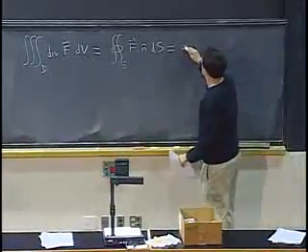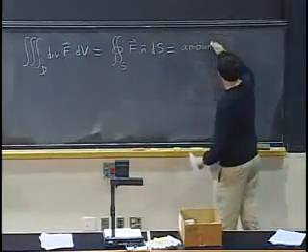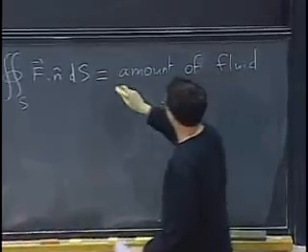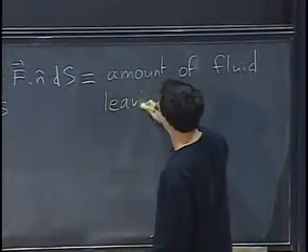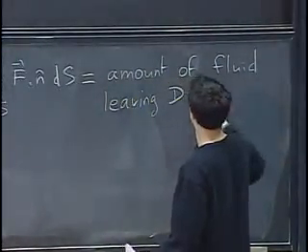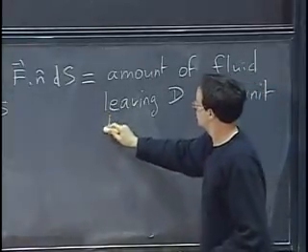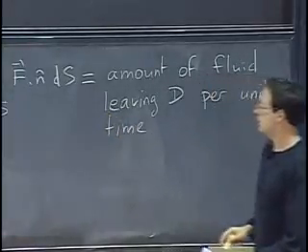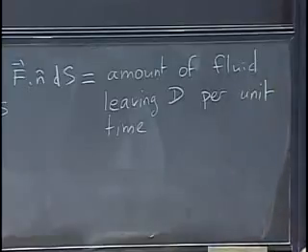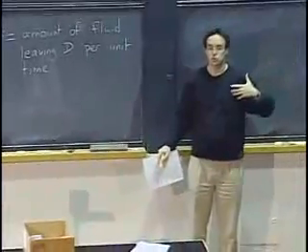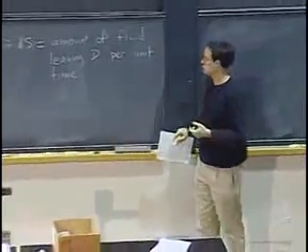So that's the amount of fluid that's leaving the region D per unit time. And of course, it means I'm counting everything that's going out of D minus everything that's coming into D. That's what the flux measures.